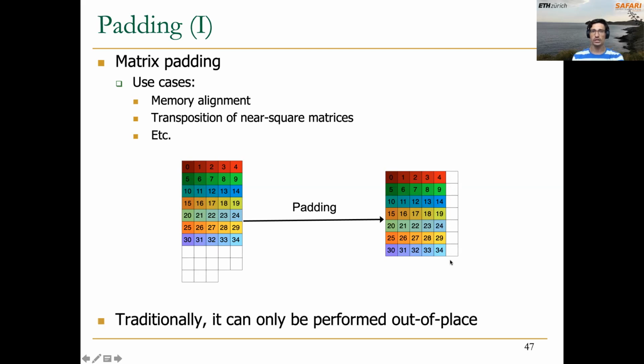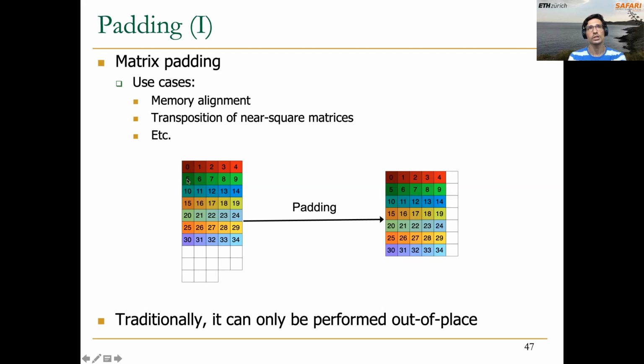Traditionally, this can only be performed out of place, because as we start shifting some of these rows in order to keep this extra column empty, we have to overwrite positions in memory that are higher addressed.